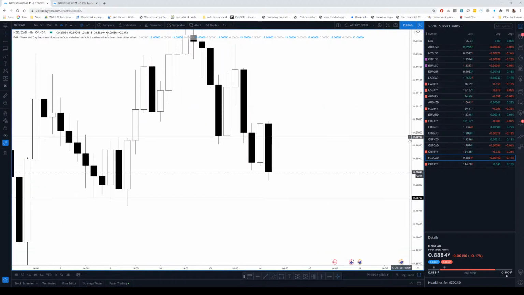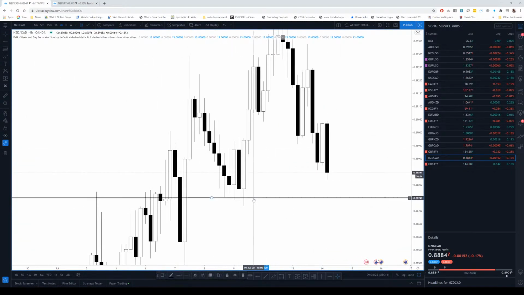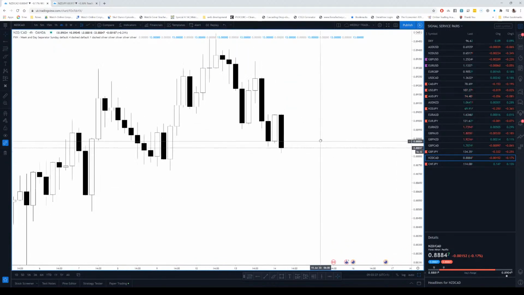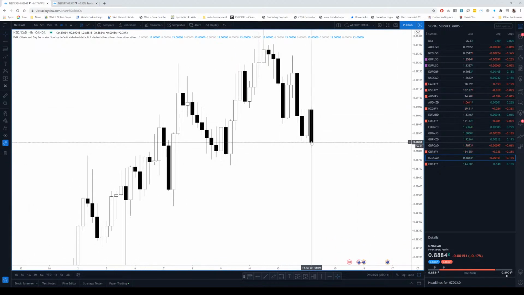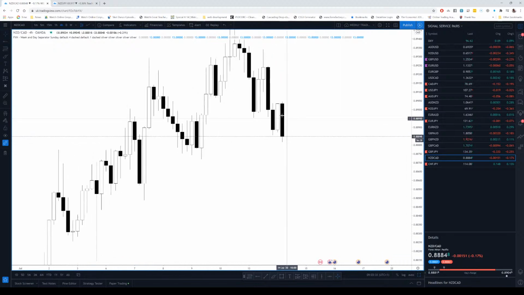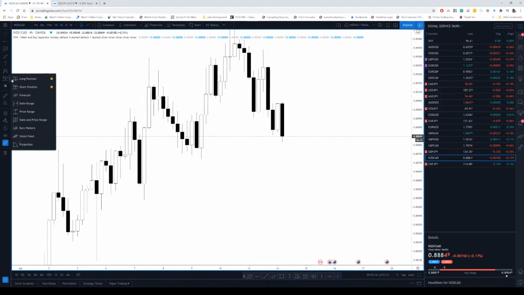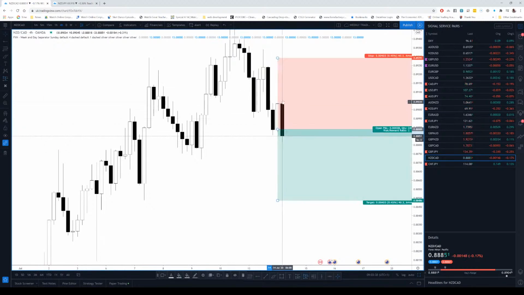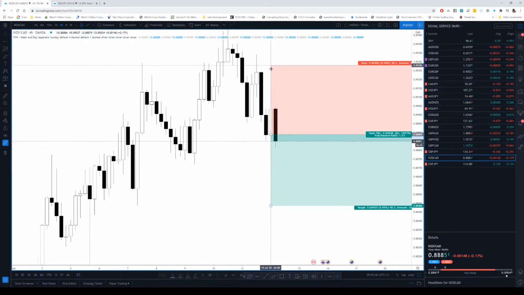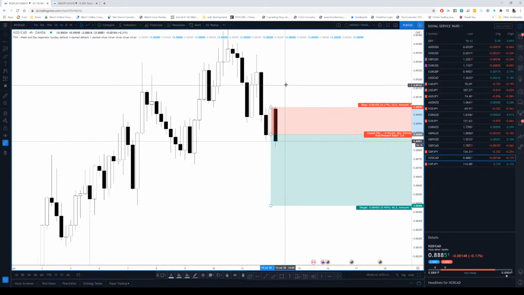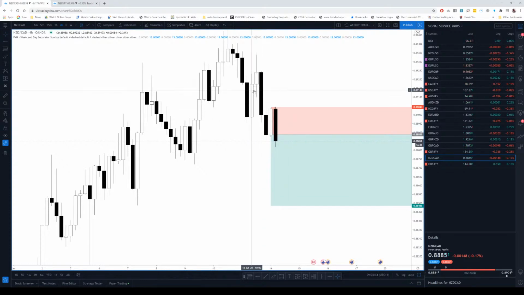So let's see if we close as we are on the 4-hour. I would like it to go down a little bit more, not as it is, but if we do go down a little bit more, then I will be looking for a short around this candle. Okay, I expected it to come up here because I like this swing high, but it didn't do that.